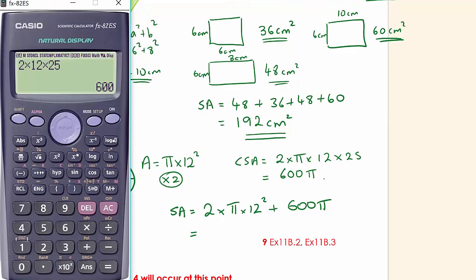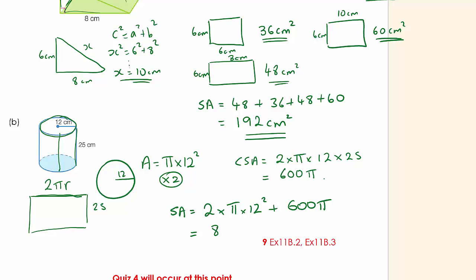So that's 2 times pi times 12 squared, add 600 times pi. That's 888 pi.